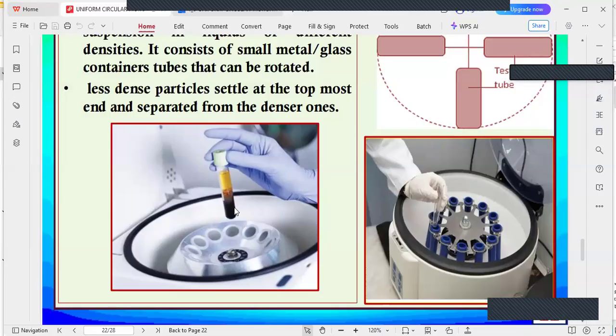Then the denser ones, which need a lot of centripetal force, will remain at the bottom because they require a lot of centripetal force. So this is how a centrifuge works. Ghee can also be separated from milk in the same way. So when you go to dairy farms, you will find huge centrifuges there. They're used to make yogurt, butter, and all that.